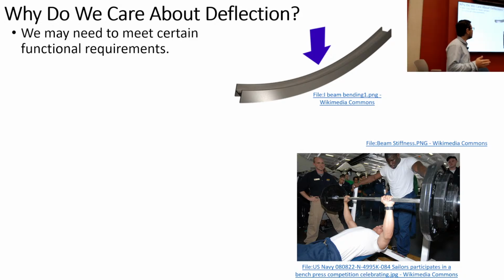So we have to meet certain functional requirements, right? I need to get this thing to work. All right. So if this beam here, right, if the bar, all right, now that's confusing, right, because we call that the bar if you're weightlifting, okay, but it's a beam here.